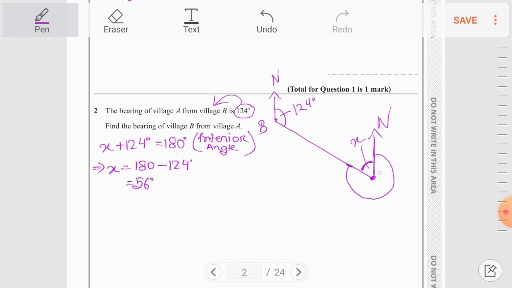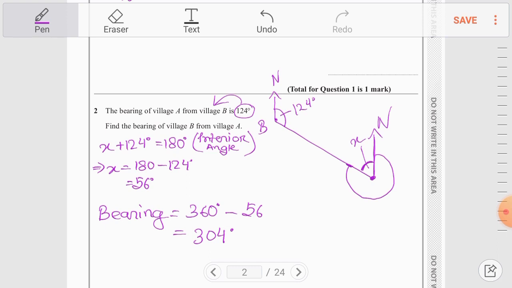We can see that this makes a circle, and we have already found the value for x. So we just need to find the bearing. Bearing would be 360 degrees minus x. The value of x was 56, so write 56 over here, and that gives you 304 degrees. So the bearing of village B from village A is 304 degrees.